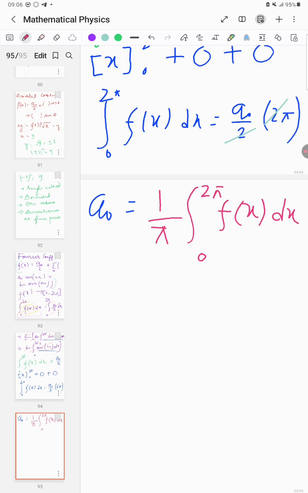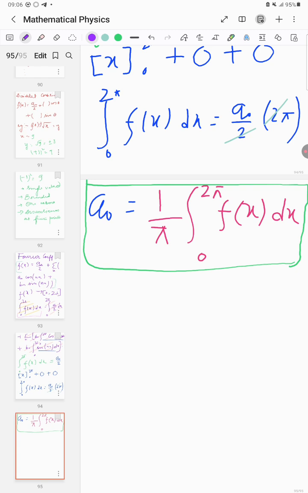Alright, so a naught comes out to be this. What is this? This is 1 by pi integration 0 to 2 pi f of x dx is what a naught is. A naught being the first Fourier constant.